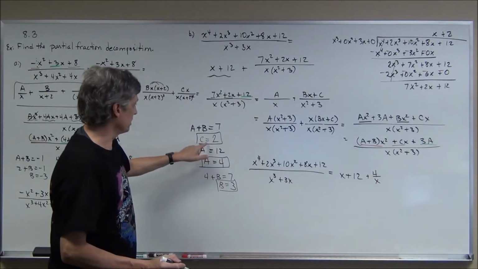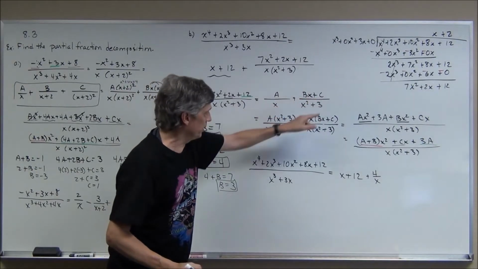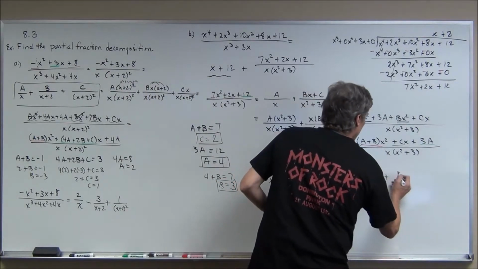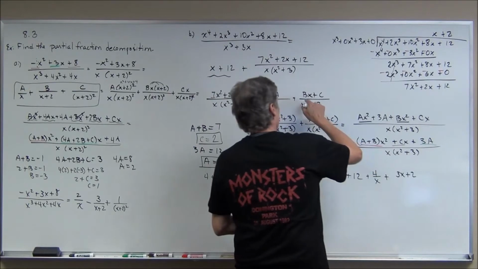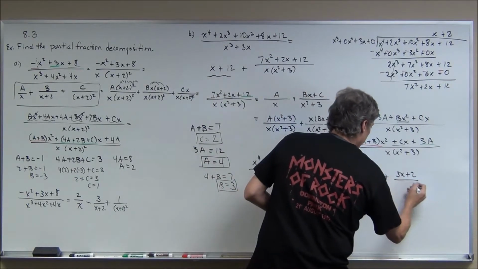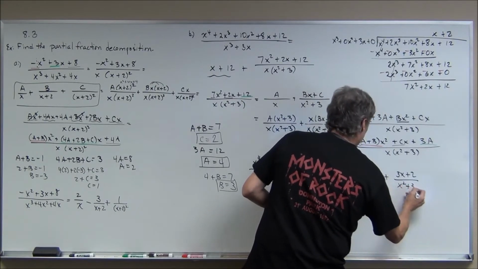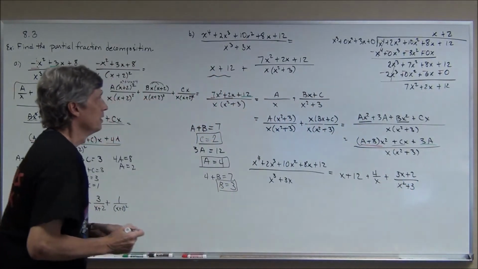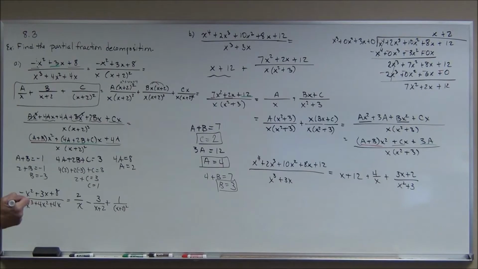B is 3 and C is 2, so 3 here and 2 here would give me plus 3x plus 2, all over that denominator of x squared plus 3. And they just become more and more interesting.